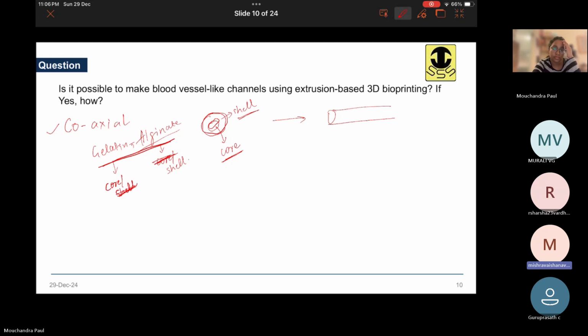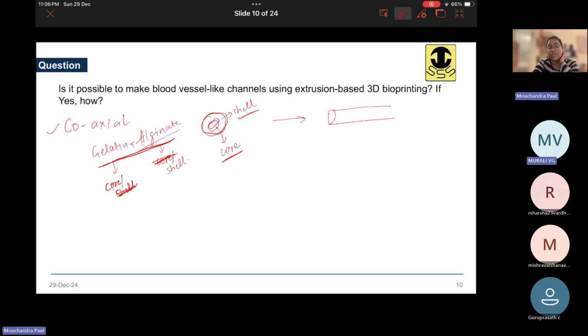That is why it will be used as a shell material. Whereas gelatin has lower viscosity, so it will be in the core. Yes, you're correct.